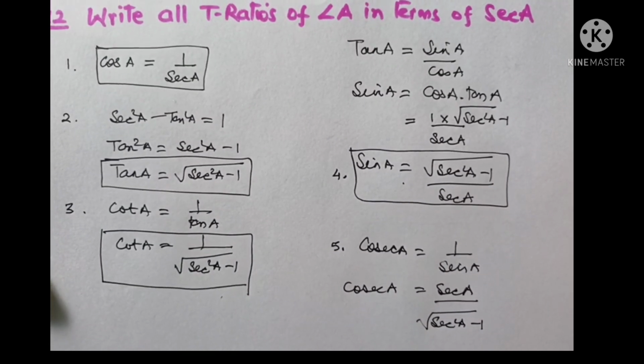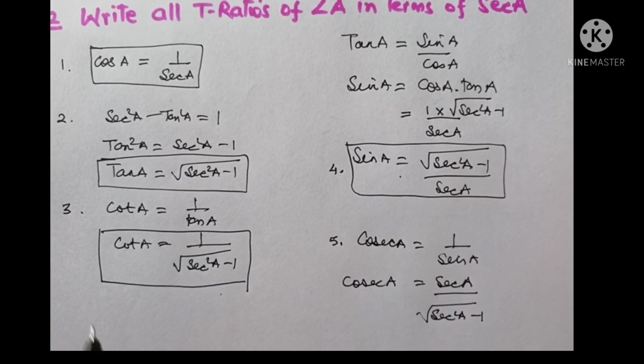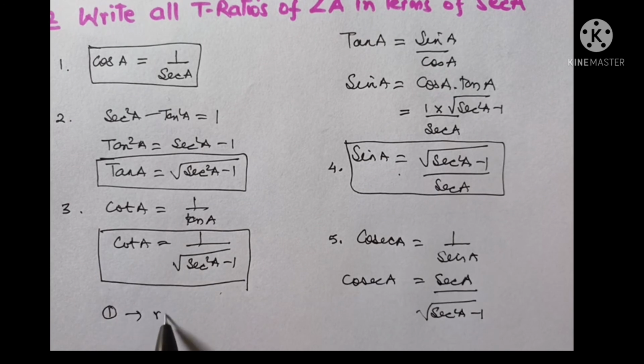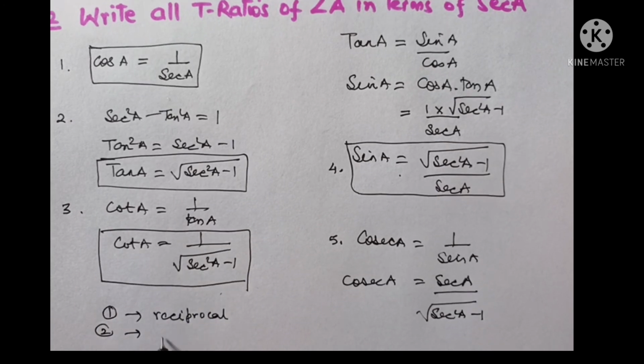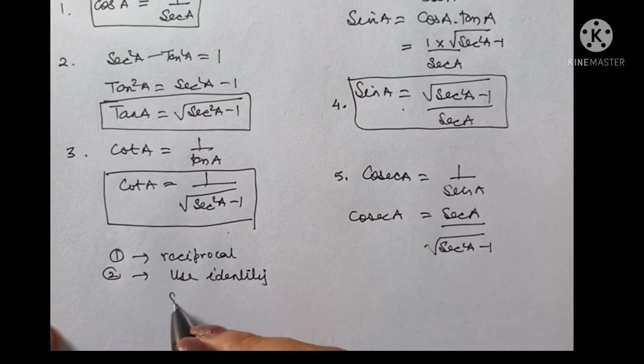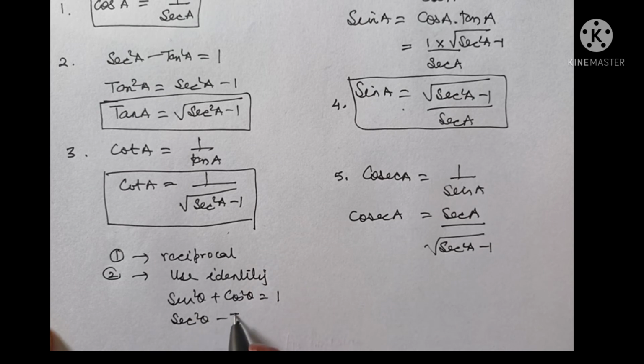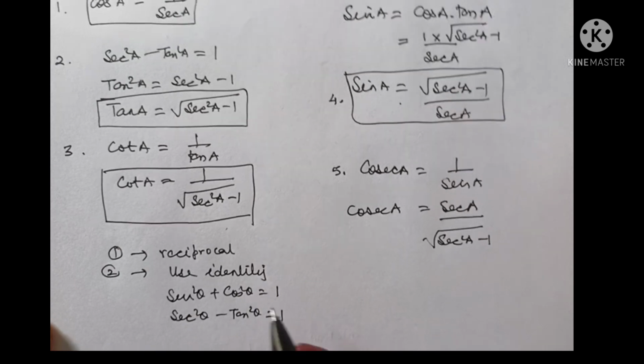So see how easily using the three relationships, I am again repeating. First of all, take the reciprocal ratio. Second thing, use identity. Three identities we have, right? Which are the three identities? Sine square theta plus cos square theta is equal to 1. Secant square theta minus tangent square theta is equal to 1.